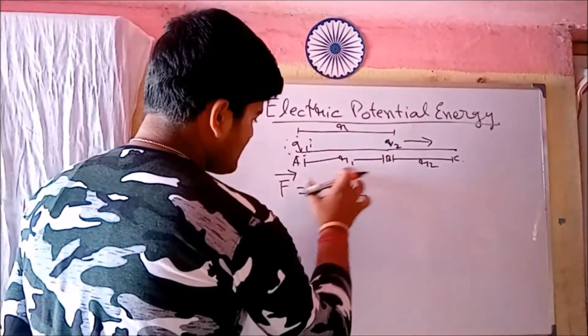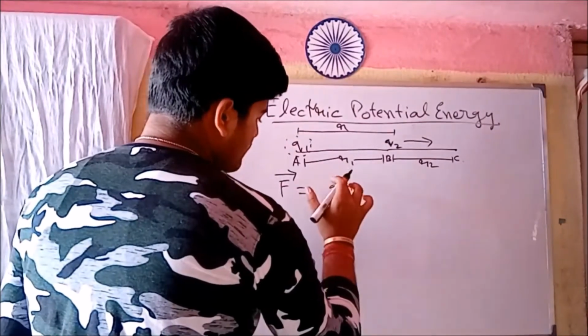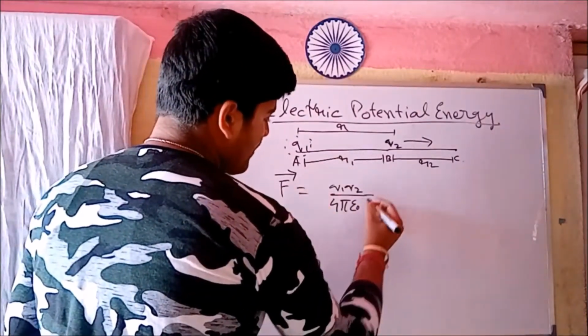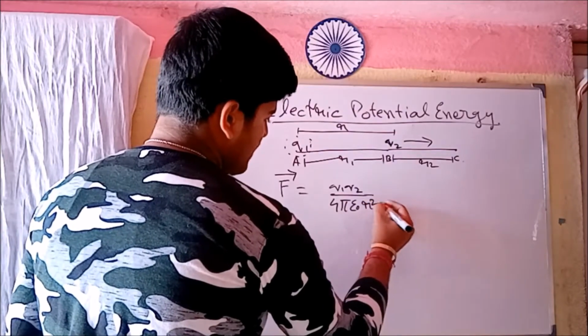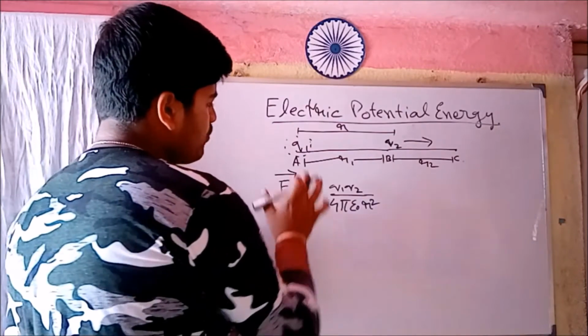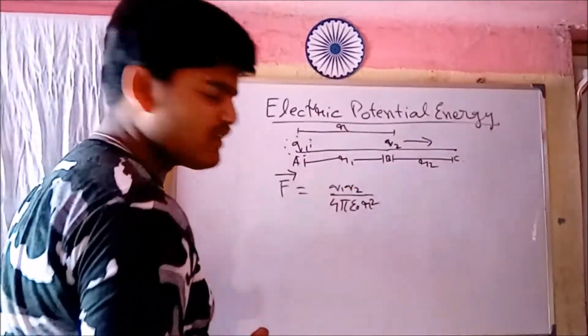So F equals K into Q1 Q2 into 1 by R square. This is the force acting between the charges Q1 and Q2.